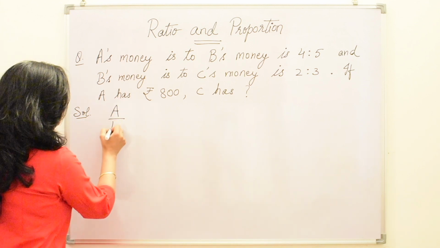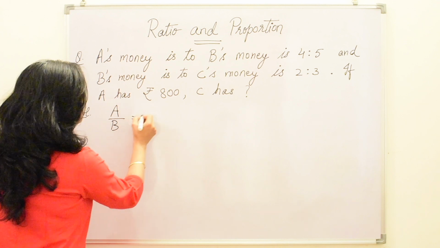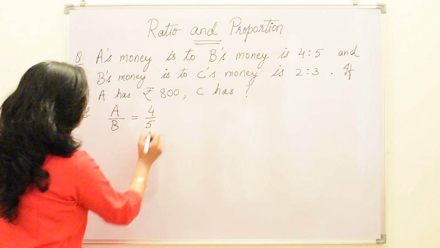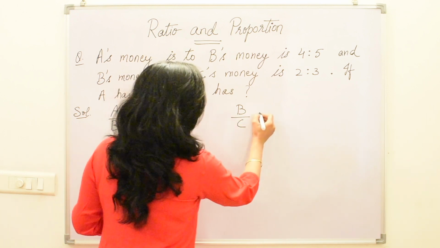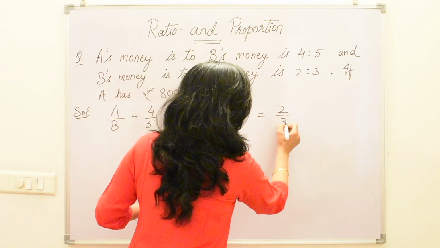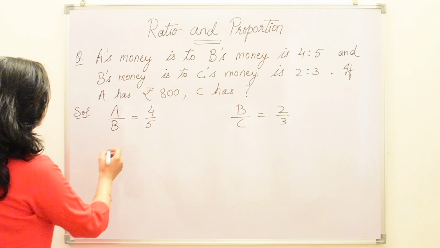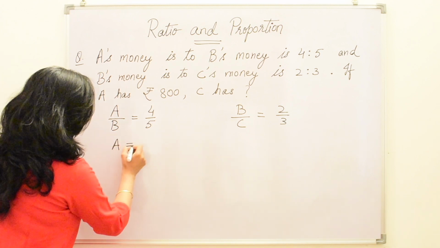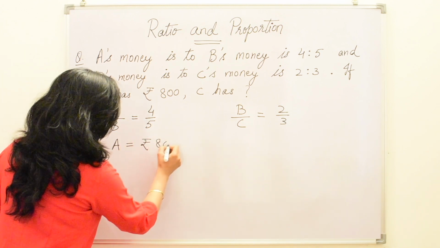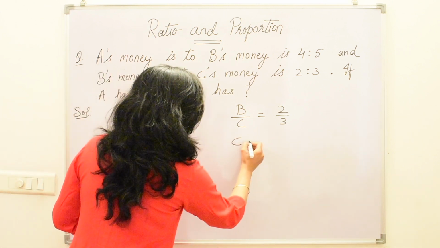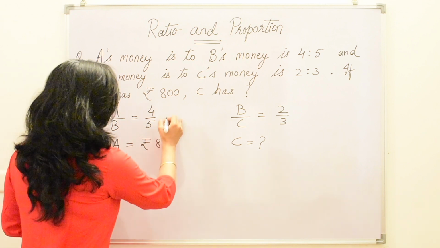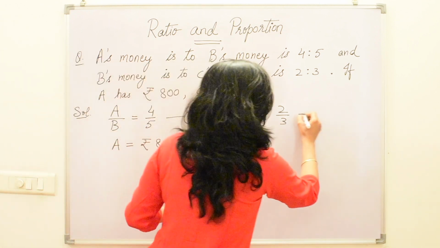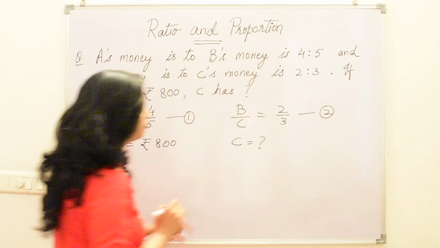A's money to B's money is 4:5 and B's money to C's money is 2:3. A has rupees 800. We have to find C. Now let us take this as the first statement and this one as the second statement.